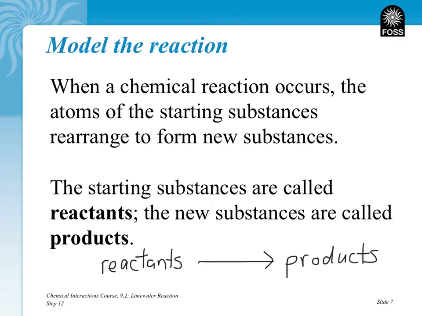So our reactants in the lime water reaction were calcium hydroxide, just showed you how to create that, plus CO2 gas. And the products, well, it was something that was white and fell to the bottom. Not sure what it is yet, but I do know I didn't have it when I started. Notice that the arrow goes in one direction and not in both.